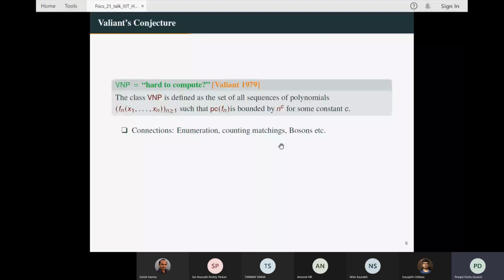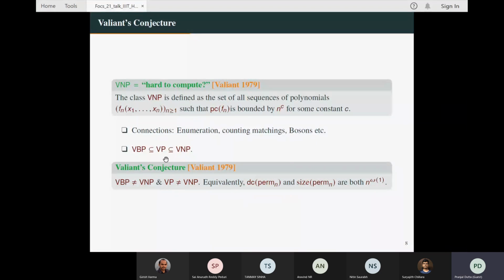But yeah, so what is known? As I said, I defined 3 classes: VBP, VP, VNP. It is known that VBP is inside VP, which is inside VNP. And the famous conjecture is that these classes are separated: VP not equal to VNP and VBP not equal to VNP.